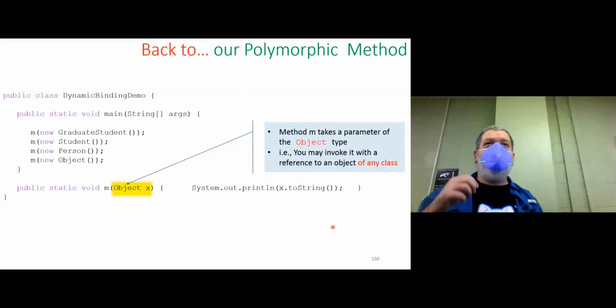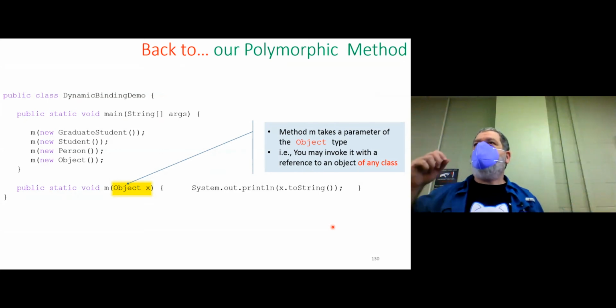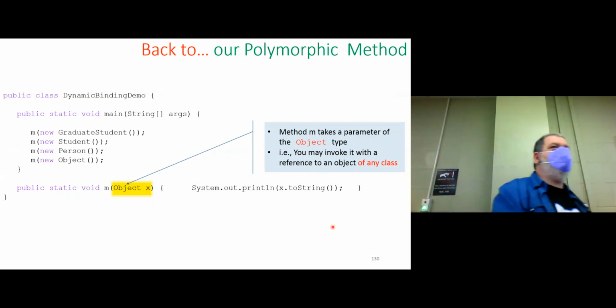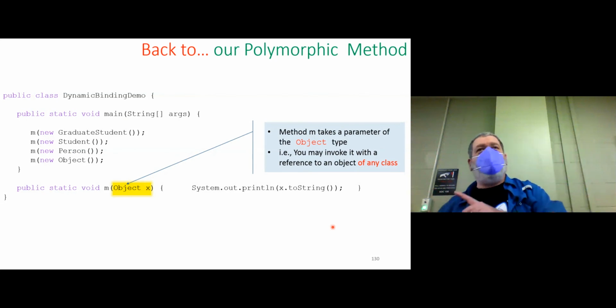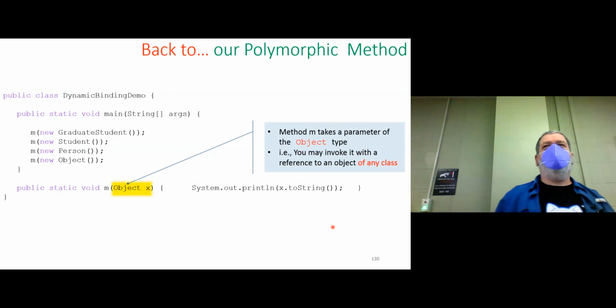So you can pass to this method any reference of any data type. You can pass a faculty, a student, a to-do item, an invoice, an array list of cucumbers. Anything that is a reference to an object in Java can be passed to that method because I said I'm going to accept an Object reference and any of its subclasses.